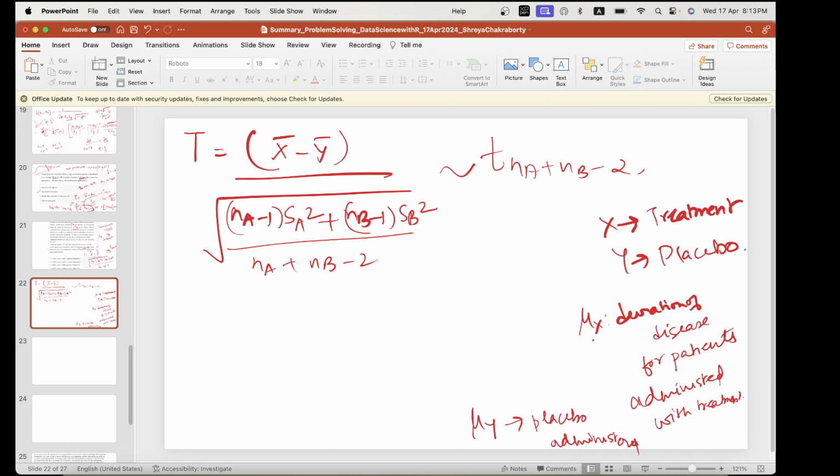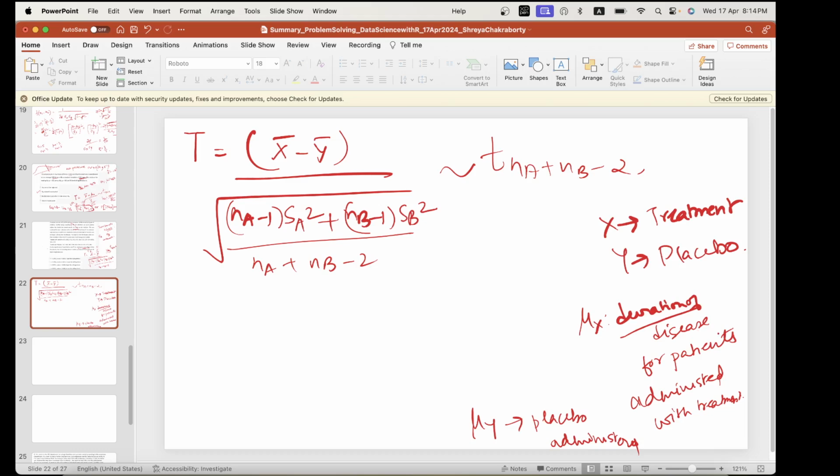What is the metric that you are considering? Duration of disease. If you want a medicine to be effective, let's say you have fever and I suggest some paracetamol to you. Now, if your fever reduces in 2 hours with the medicine, but if I give you salt water, that fever reduces by 3 hours.